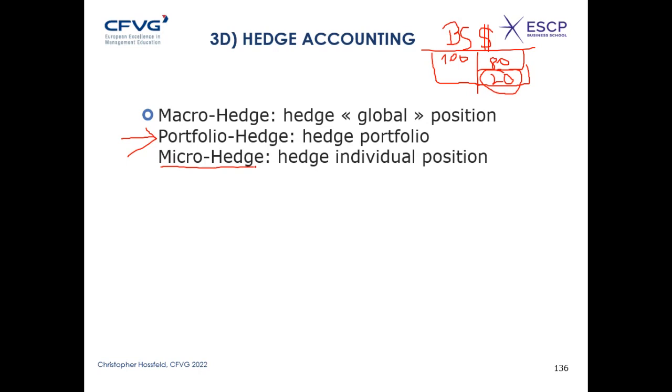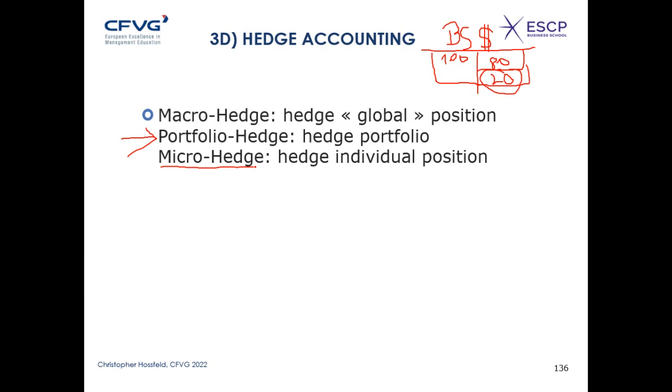So micro hedging, as you can see, is very work intensive because I need 80 hedges. But on the other hand, each hedge is very much tailor-made for the individual situation of the position. Macro hedging is much less work intensive because there's only one hedge instead of 80.